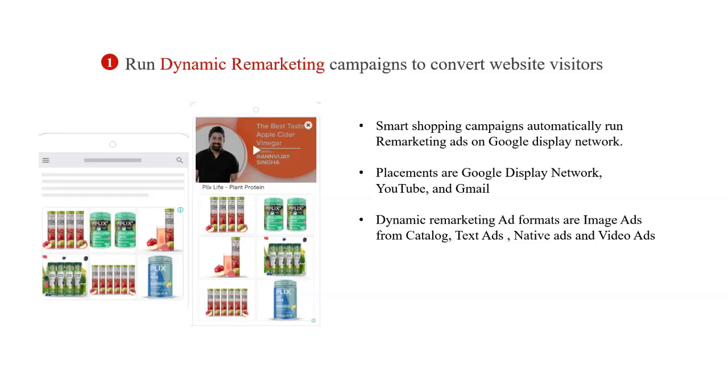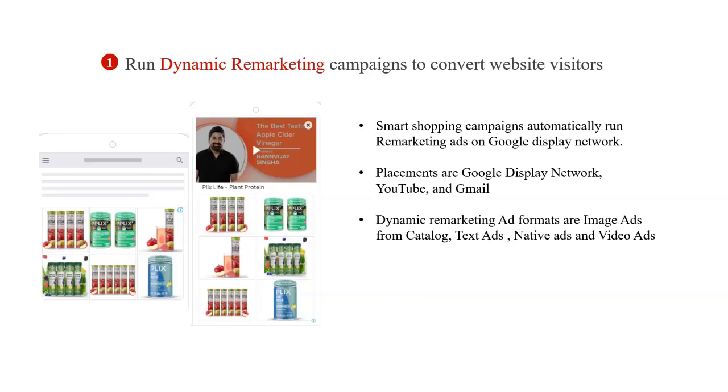Now, along with smart shopping, dynamic remarketing is run by default, which means you will be able to remarket people who have come to your website across the Google display network. In order to do that, what you need to make sure is when you're setting up your smart shopping campaign, dynamic remarketing is enabled.